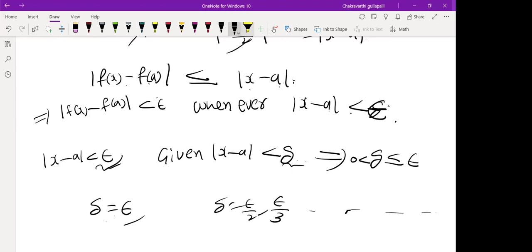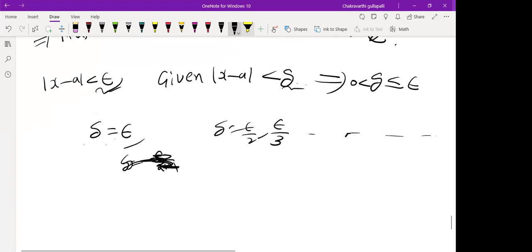When do we say it depends on a? When you get delta in terms of a, then we say delta depends on epsilon as well as on a. But here we did not get delta in terms of a; we got it as a constant in terms of epsilon. Therefore, what is the value of delta? Any one of them. Look at the options. Among the options, you may be given anything between 0 and epsilon. If epsilon is given, correct.